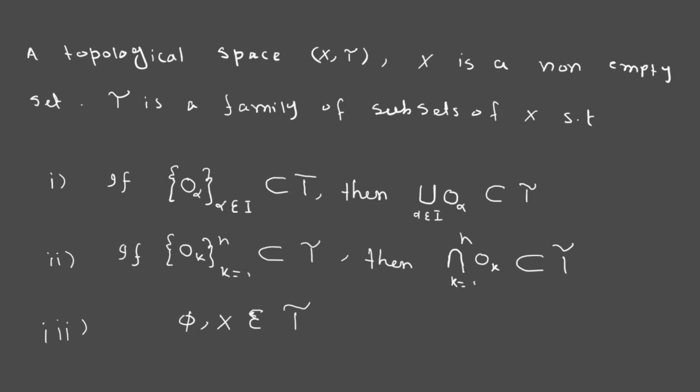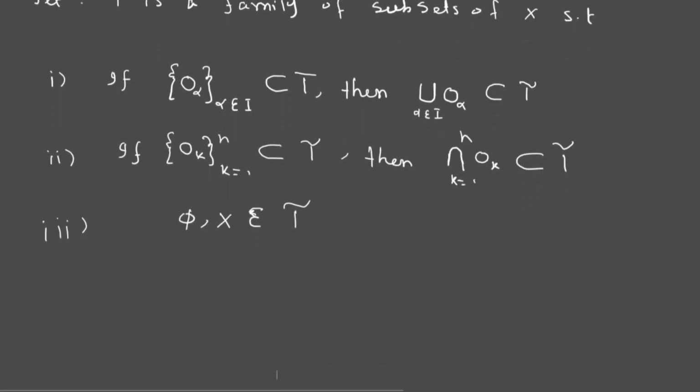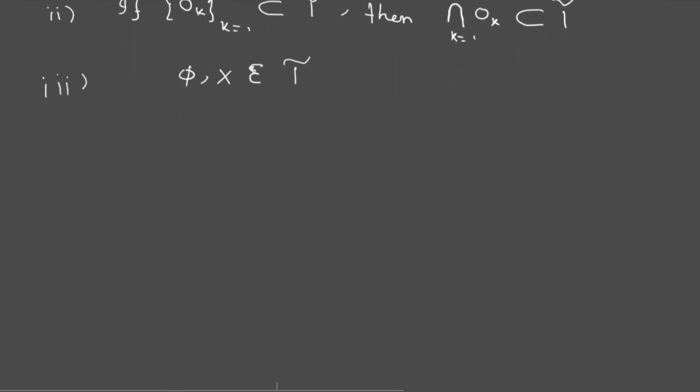Now in order to understand topology, we need some examples. The first example: suppose the set X, of course non-empty, contains just one element, A. And tau should be the collection, and in this collection there are two elements.